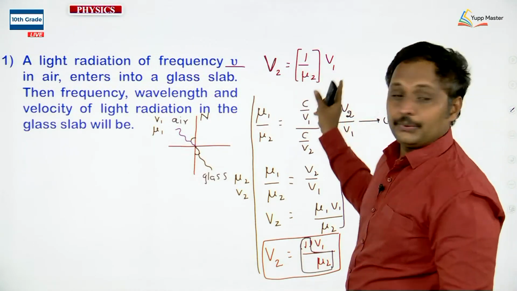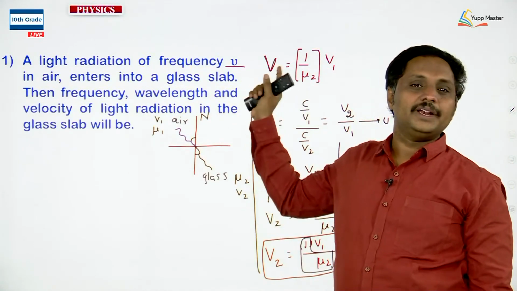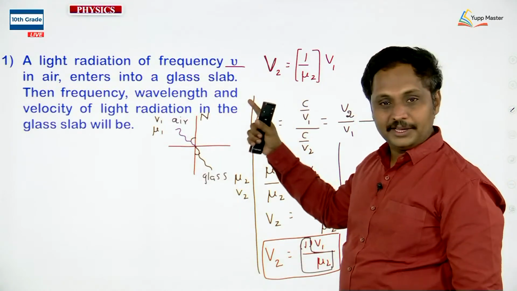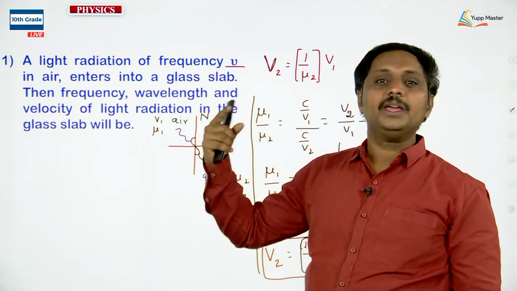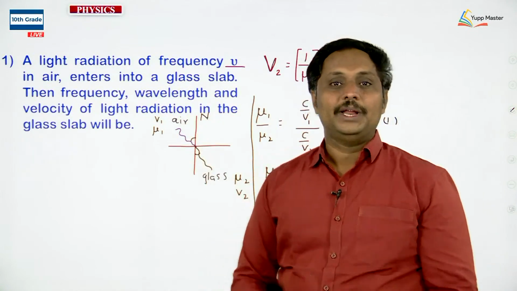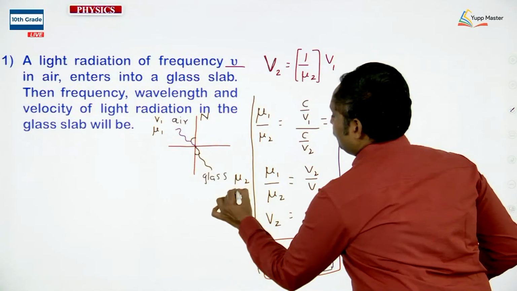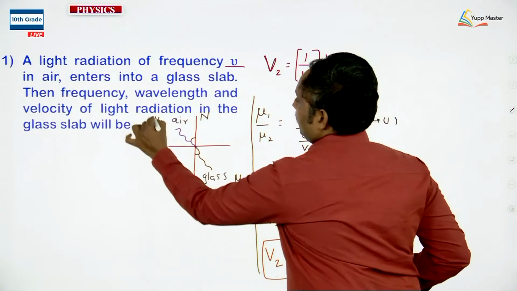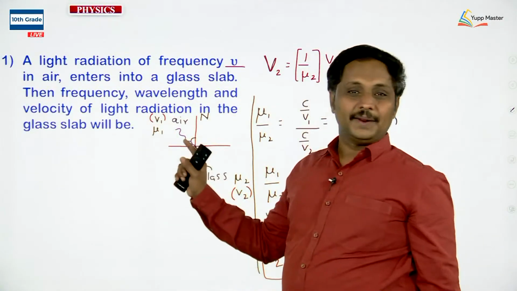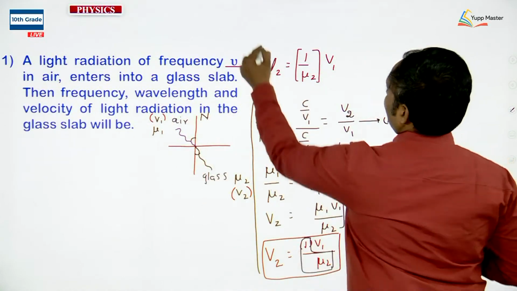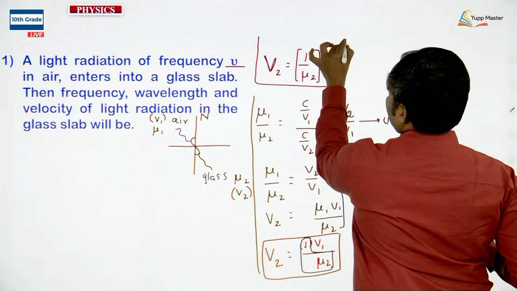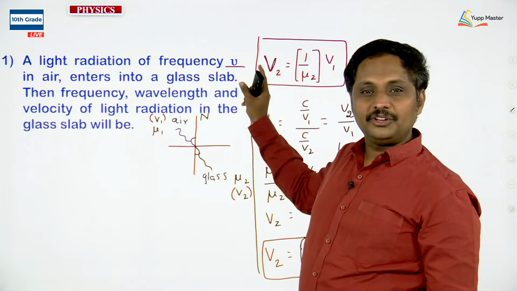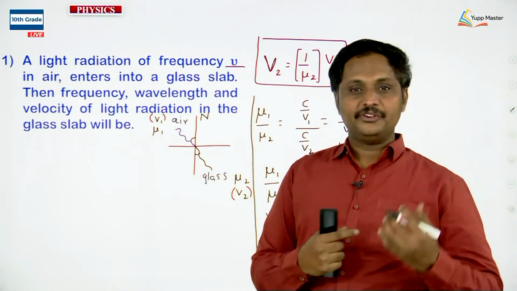So can you take the relation V1 and V2, which is greater? You know very well about that. In a rarer medium, the speed of light is going to be high as compared to a denser medium. So V2 is the speed of light in the denser medium. V1 is the speed of light in the rarer medium. From this expression, what will you confirm? V1 is greater than V2 or V2 is greater than V1? How will you decide that?